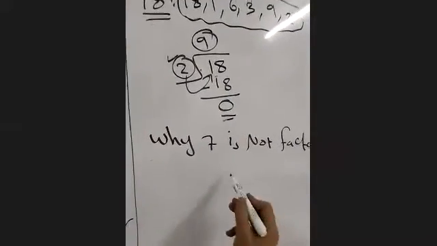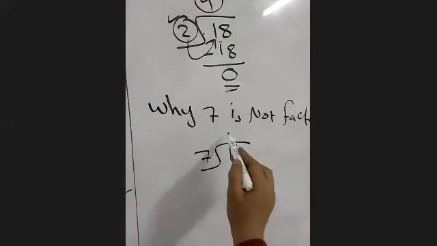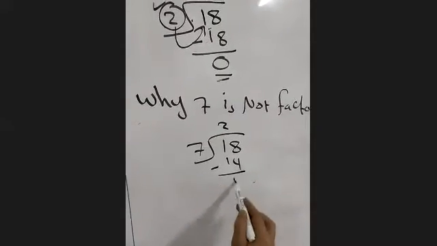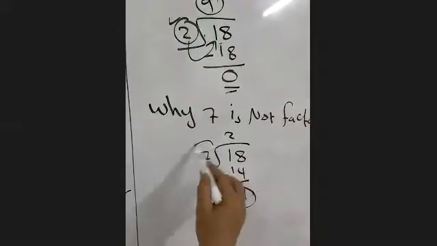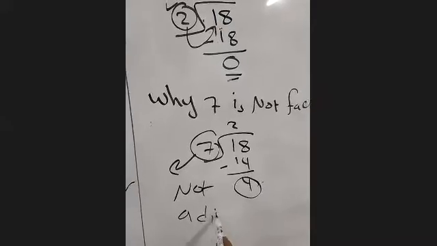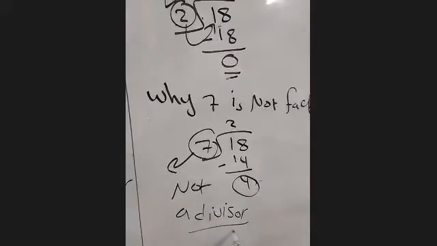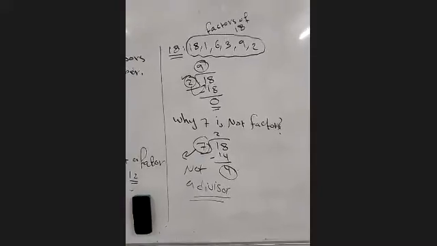And if you divide 18 on 7, what will you put here? You will put here 2, 14, subtract, 4. So we have a remainder. It is not 0. So the 7 is not a divisor. Not a divisor means not a factor.